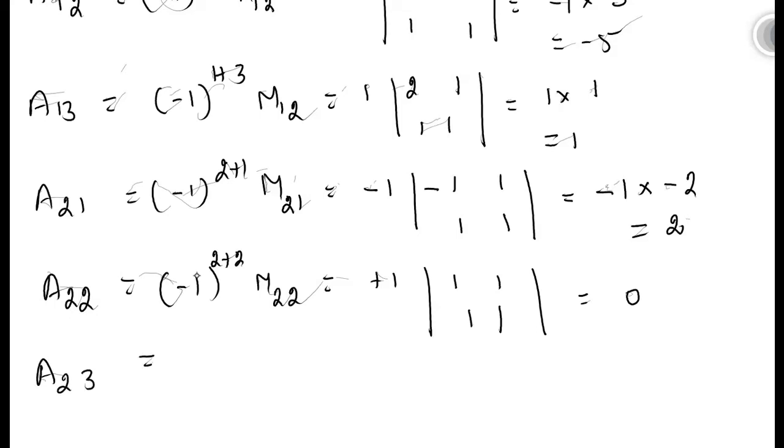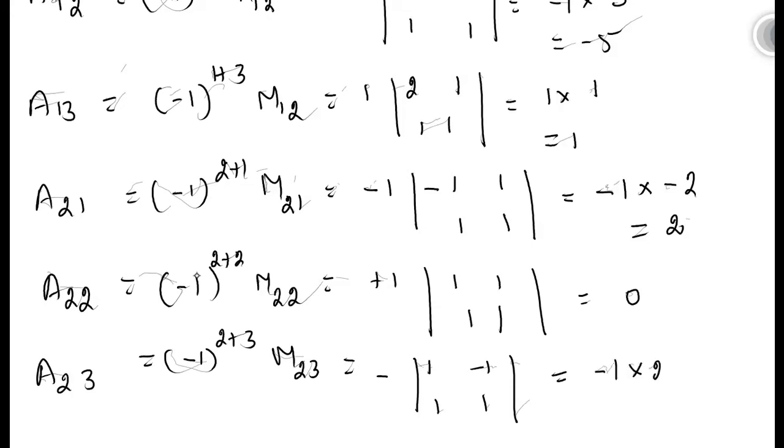A23 is equal to (-1) to the power of 2 plus 3, M23, which is minus of the determinant [1, -1; 1, 1], which is minus of (1 plus 1), equal to minus 2.